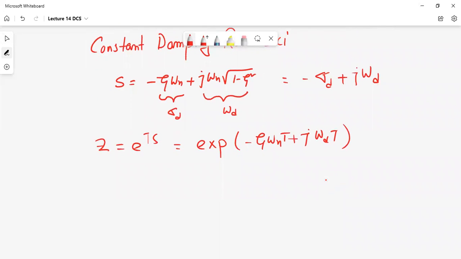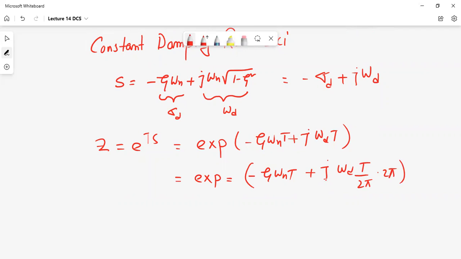For the angular part, we introduce omega d T by twice pi, and multiply also by twice pi.